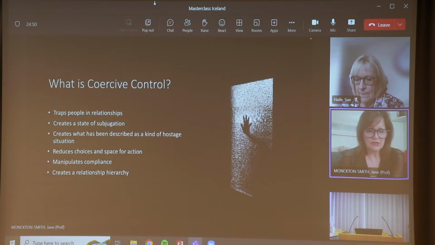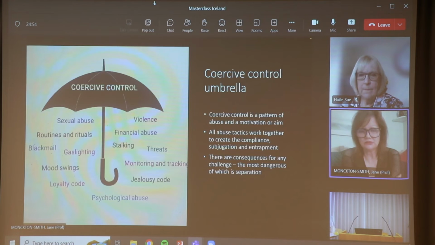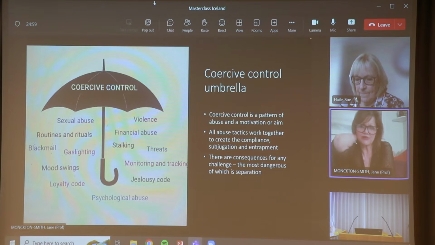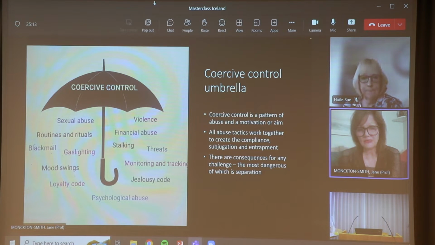Now, this next slide is like a visual depiction of coercive control, and we've used an umbrella to put that across. So if we think of coercive control as the umbrella or the overarching pattern, that is the domestic abuse. So we'll call it coercive control. That's what we are talking about.